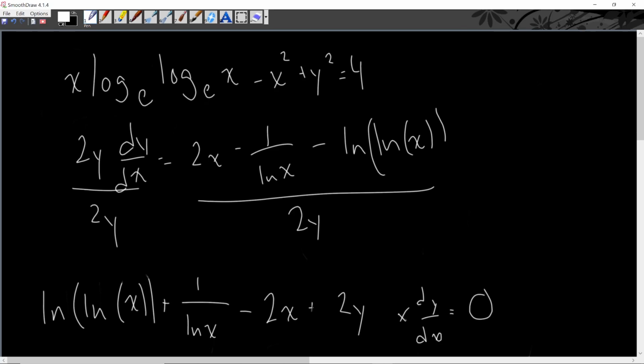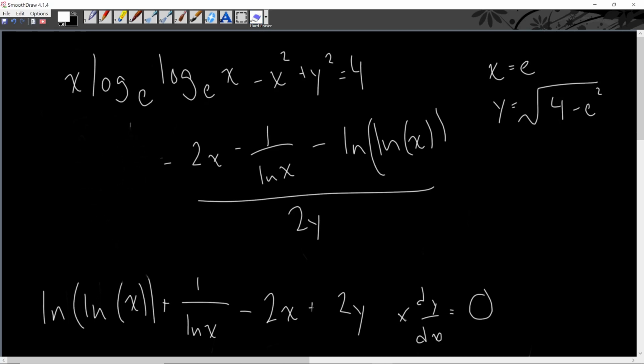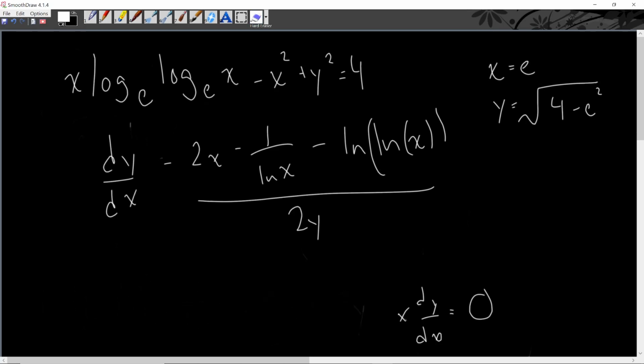And now we have x equals e, and y equals the square root of 4 minus e squared. Okay? And then from here, cancel out those two y's. We have dy dx is equal to all of that. And then we plug in x equals e.